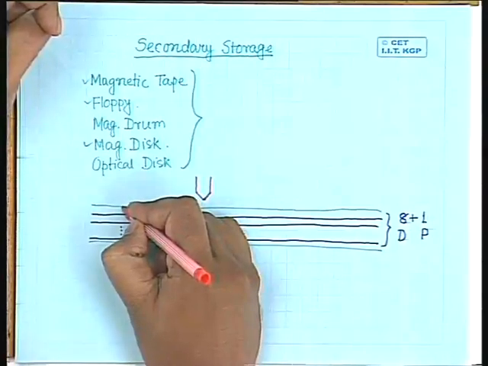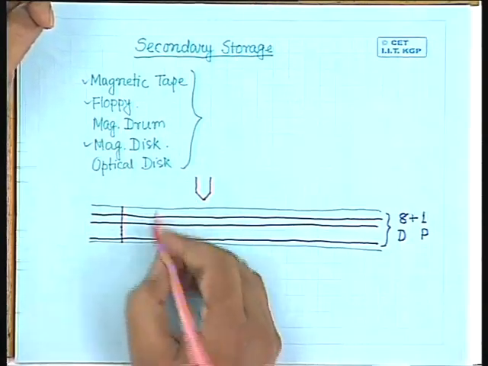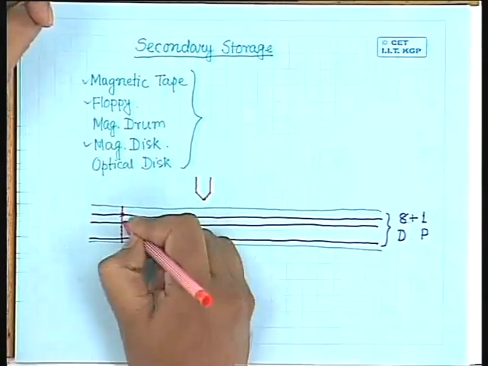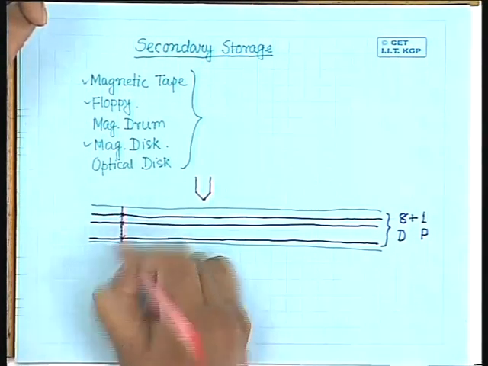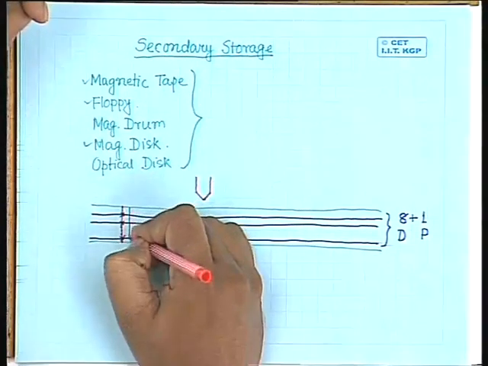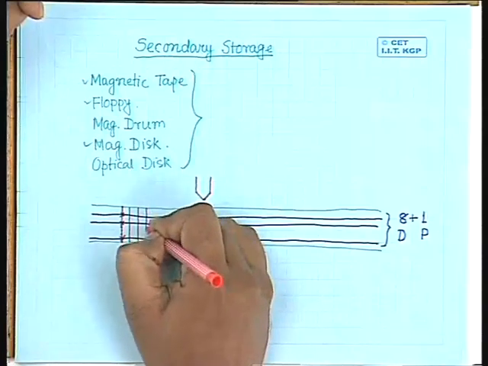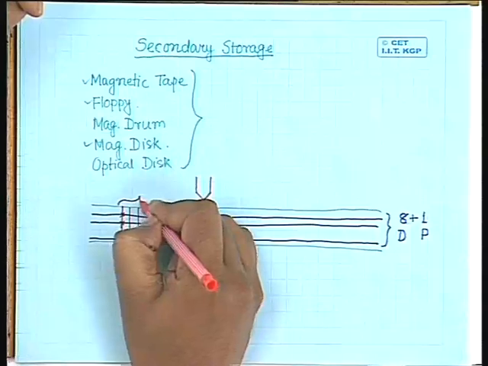Now, usually the data is stored on the tape in the form of blocks. A block consists of a number of records. So it is stored like this. Every byte will be stored in the perpendicular direction. This location will contain one bit of a particular byte, this location will contain another bit of that byte, and so on. So when you put a number of records on this magnetic tape, a number of records form a particular block.